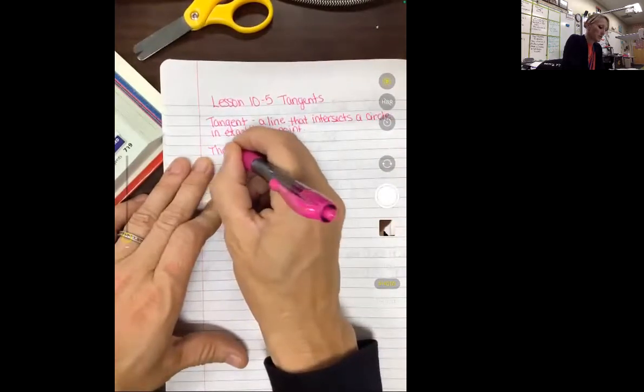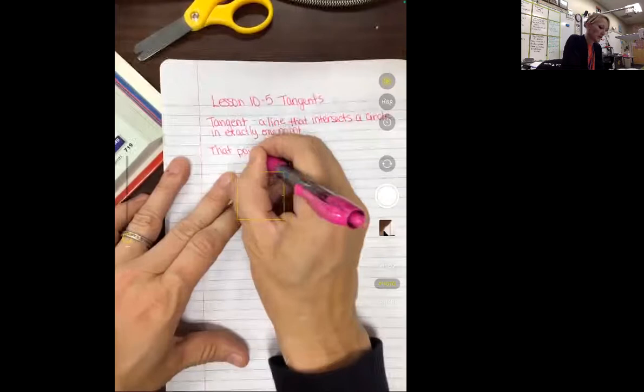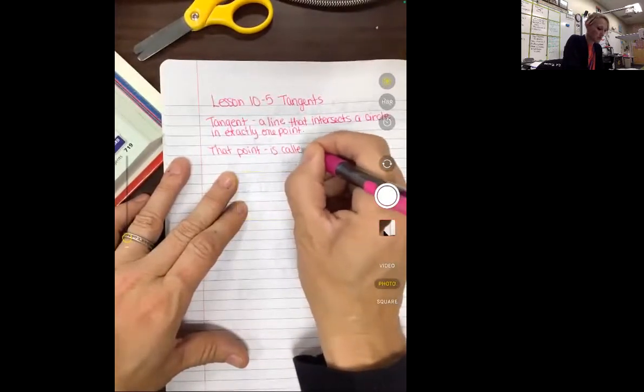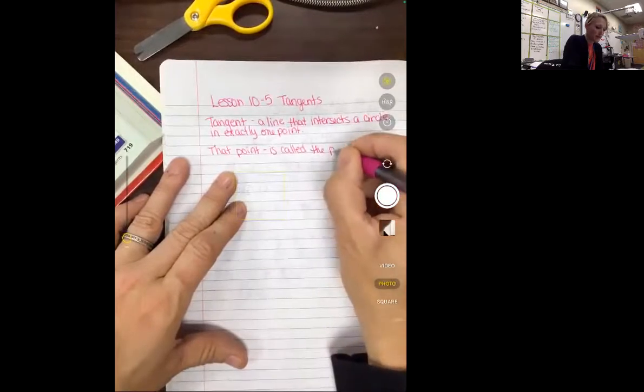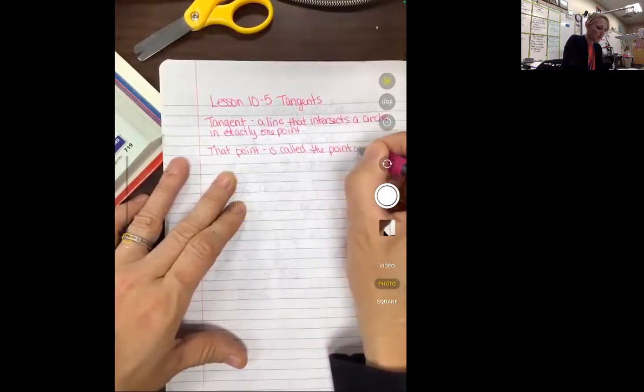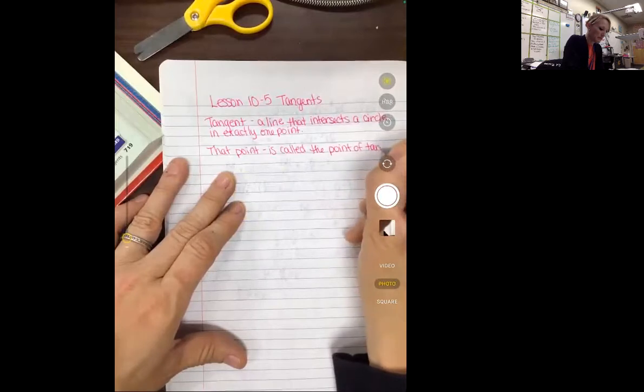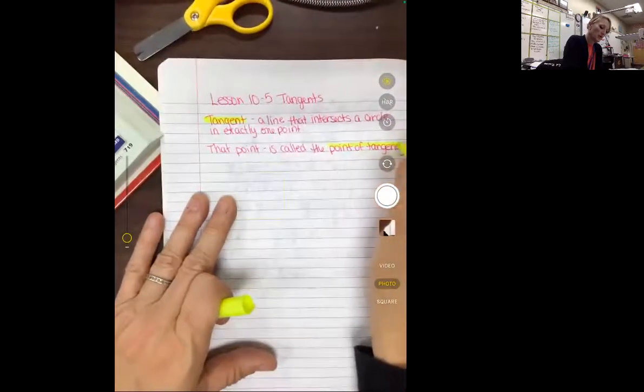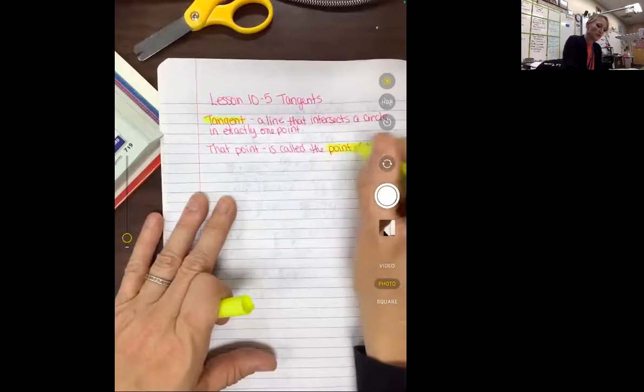That point, so the point that it actually touches, is called the point of tangency. So tangent is a vocabulary term, and point of tangency is a vocabulary term.